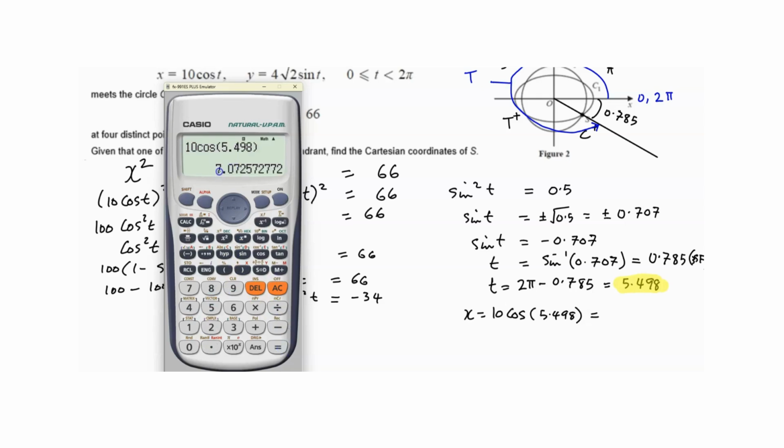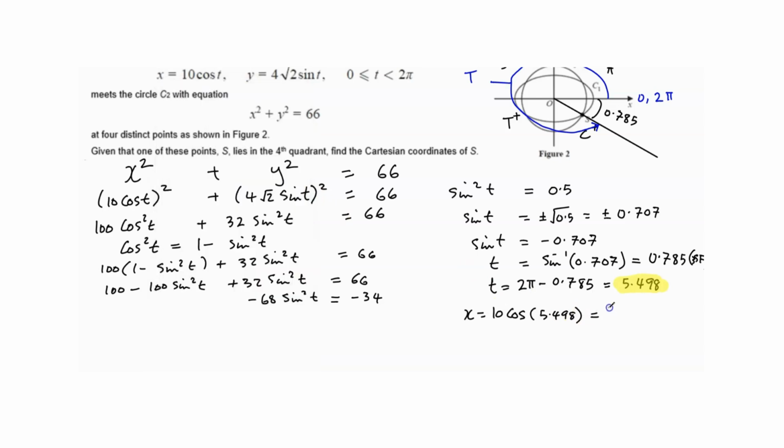To 3 significant figures we have 7.07. So x is 7.07. And our y value here, y is equal to 4 root 2 sine of t, which is 5.498.